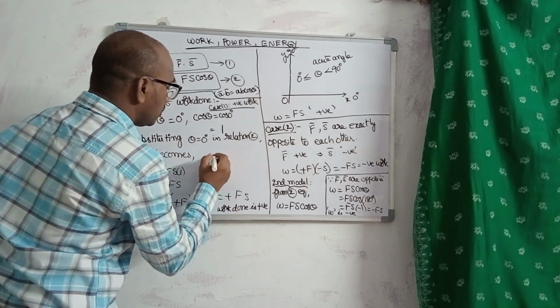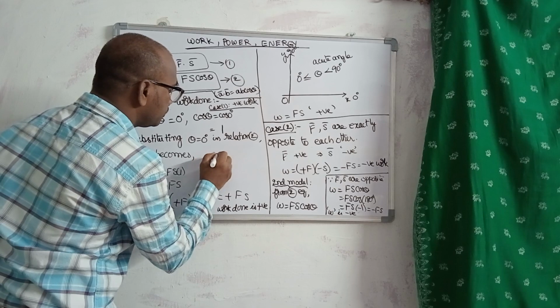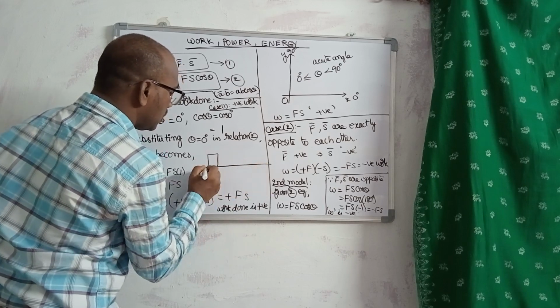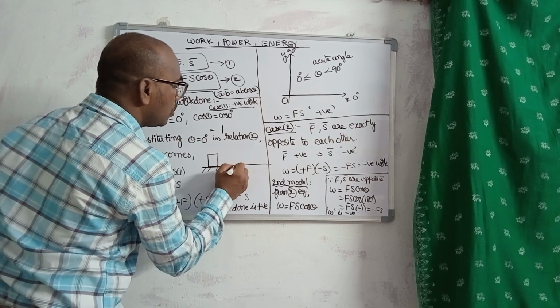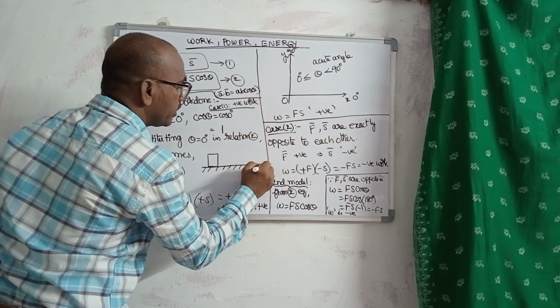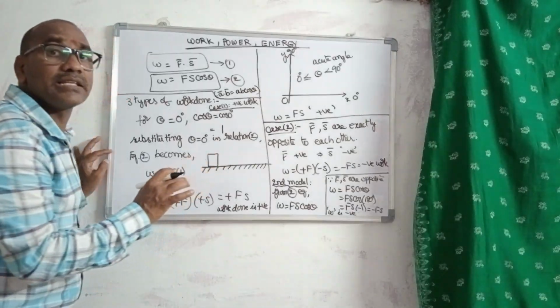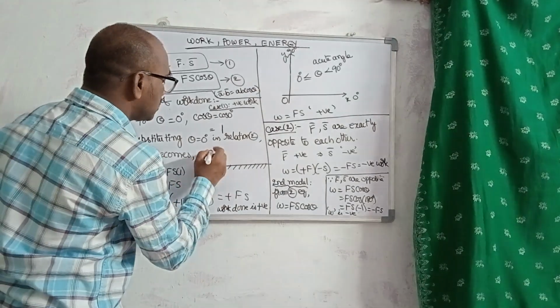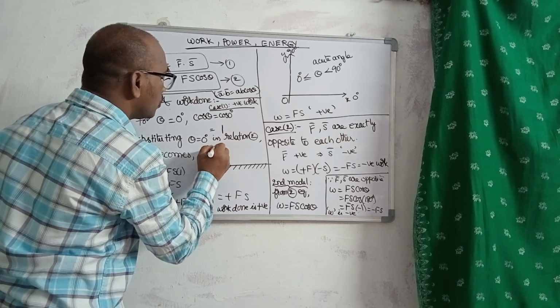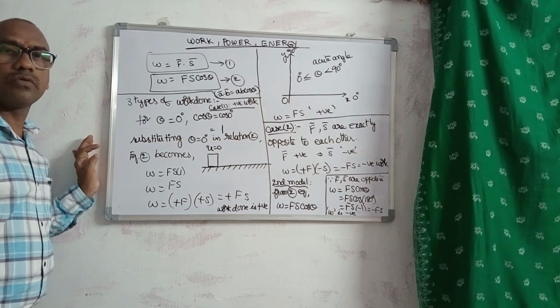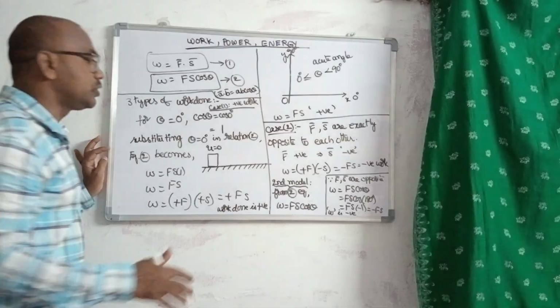Now a block is here, on a table or on the ground, whatever it may be. Now it is at rest, which means velocity u equal to 0.